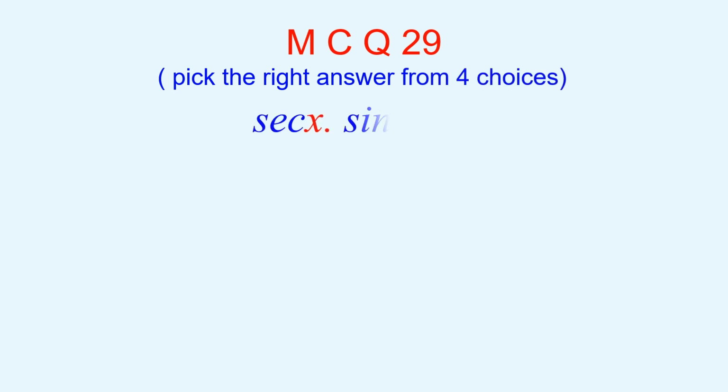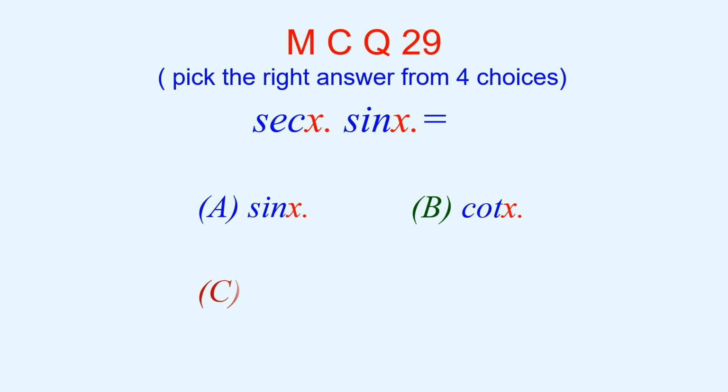MCQ number 29. What is the secant of x multiplied by the sine of x? A. Sine of x. B. The cotangent of x. C. The secant of x. D. The tangent of x.